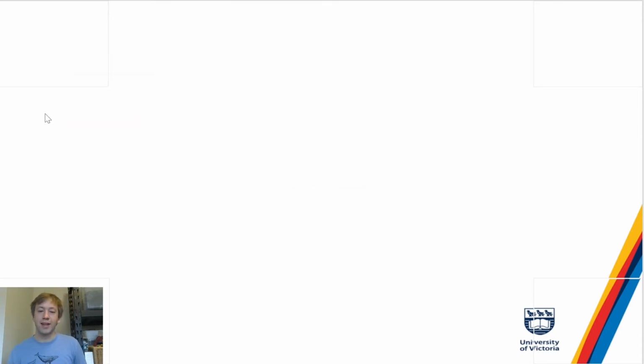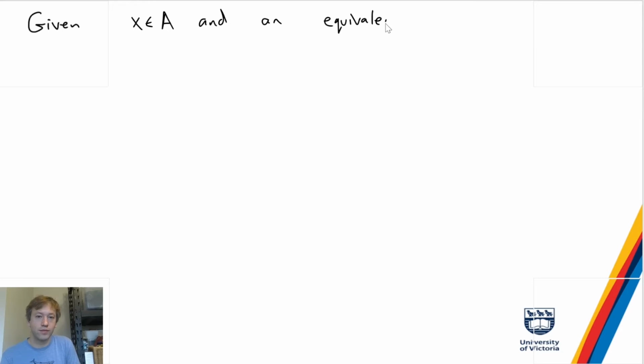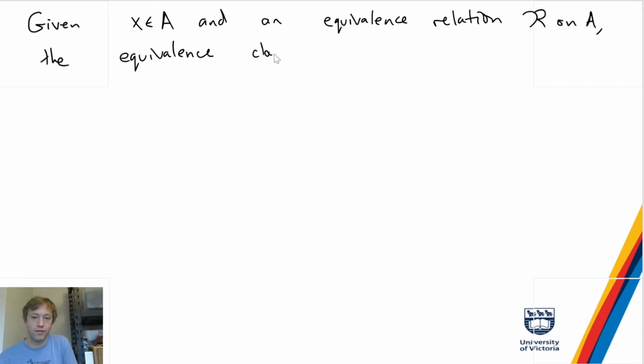And I suspect that in the last lecture, we will have also talked about equivalence classes. So just to remind you, given some element x in A, where A is a set and R is an equivalence relation on A, the equivalence class of x is the set.